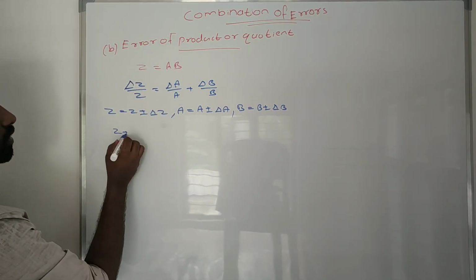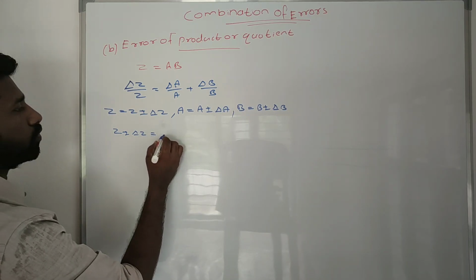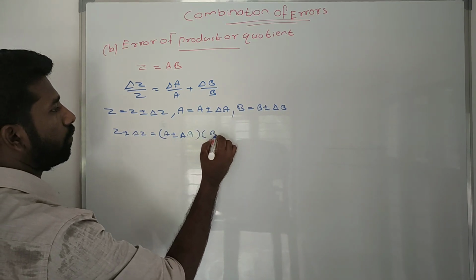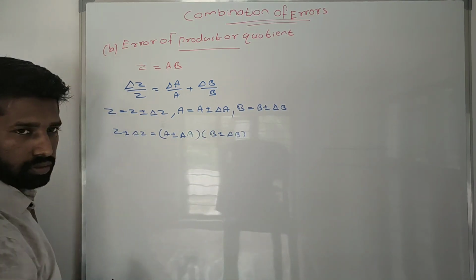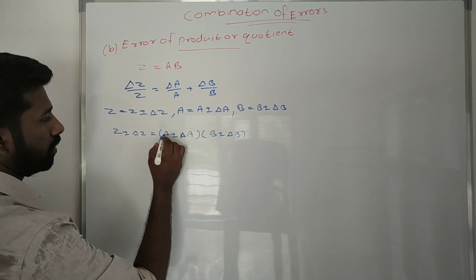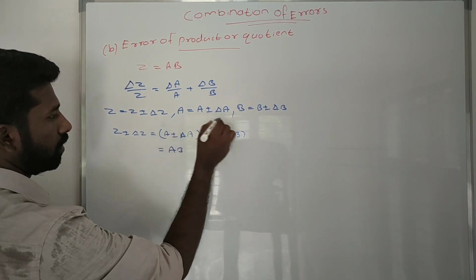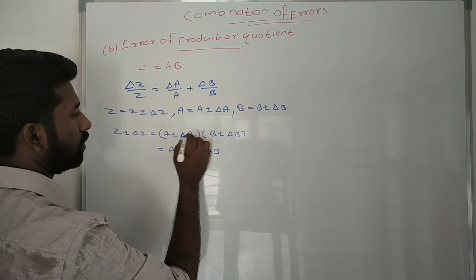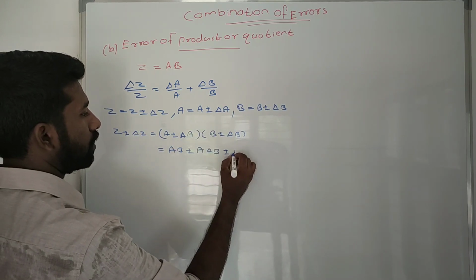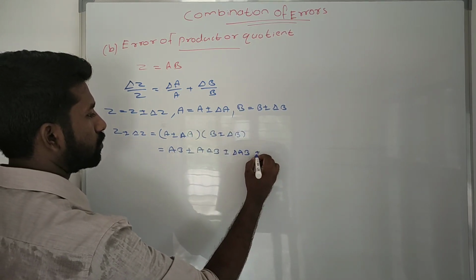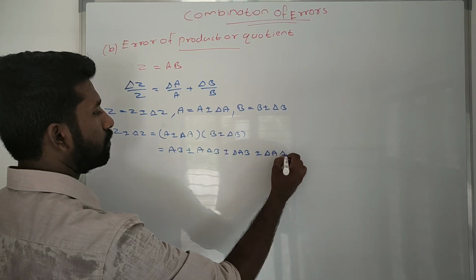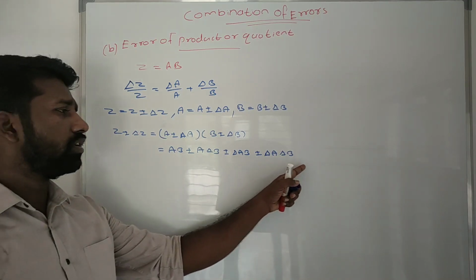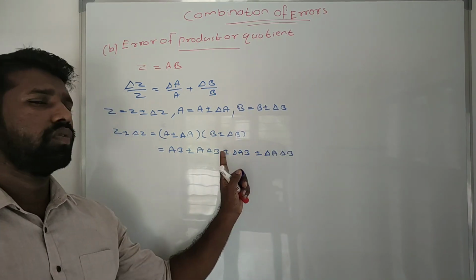So Z plus or minus delta Z is equal to A plus or minus delta A into B plus or minus delta B. You multiply this: A into B gives AB, plus or minus A into delta B, plus or minus delta A into B, plus or minus delta A into delta B. Delta A and delta B are very small values, so we can avoid this term.